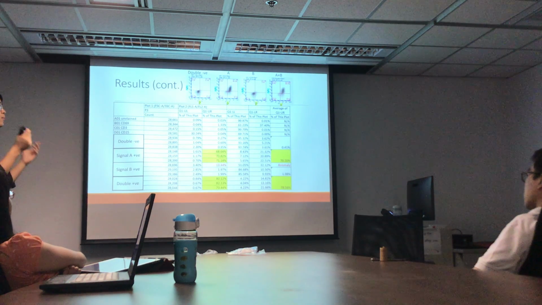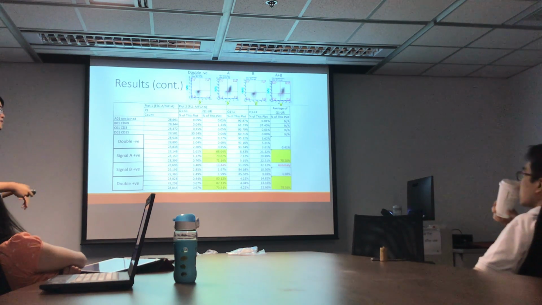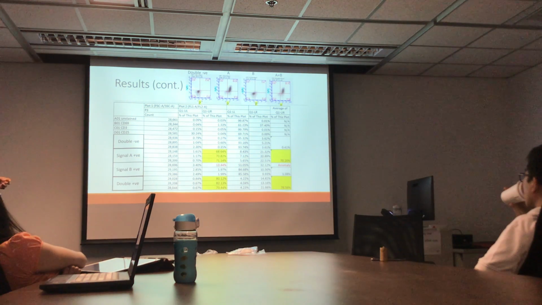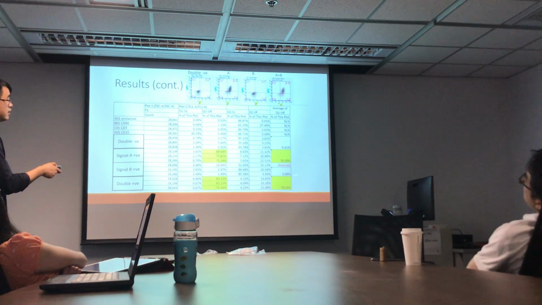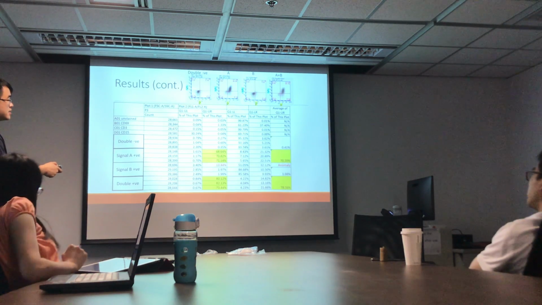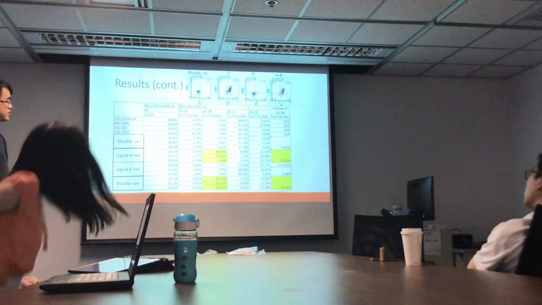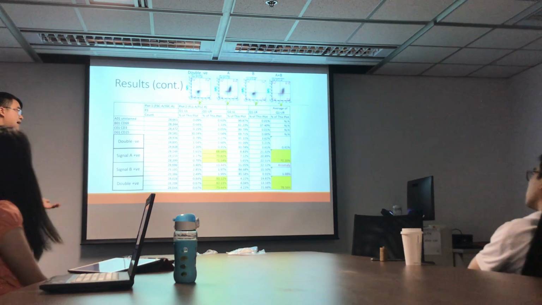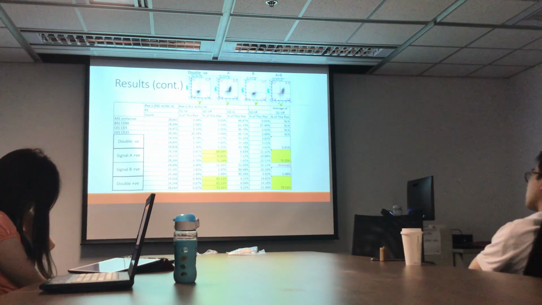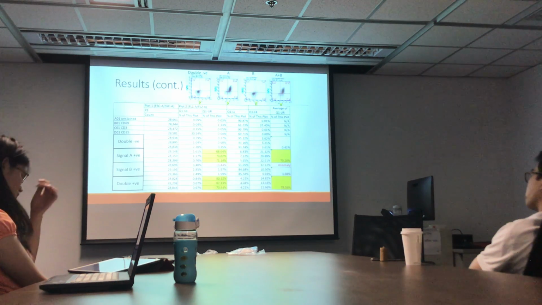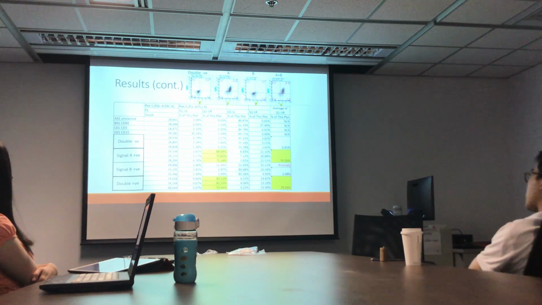That means having a combination of them gives a higher level of activation, which is more than just a simple addition of A plus B. This is suggested because if we add up 70.2% plus 1.98%, it's still slightly less than 78% here, which suggests it's not simply an additive effect of signals A plus B, and that it might be a synergistic effect, although we can't say for sure because the levels are somewhat similar.